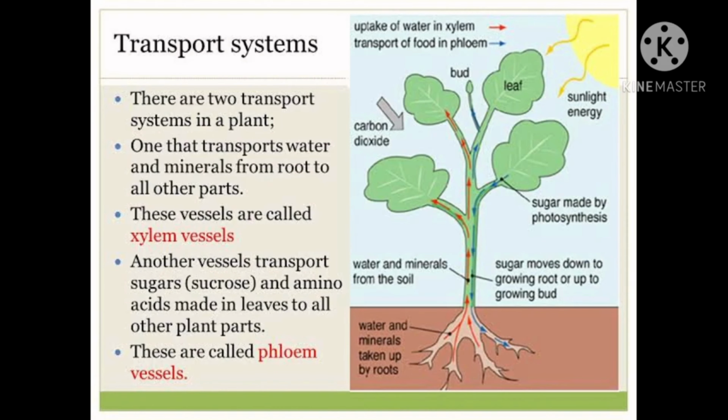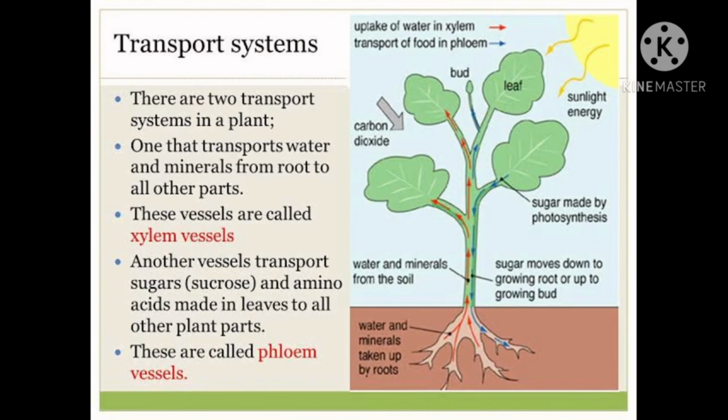The other type of vessel transports sugars and amino acids made in the leaves to all other parts of the plant. The sugars and amino acids mean food made by the plants in their leaves, and these vessels are called phloem. So one is transporting water and minerals from the root to all other parts, and one is taking the food produced by the plant to every part of the plant, and they are called phloem.